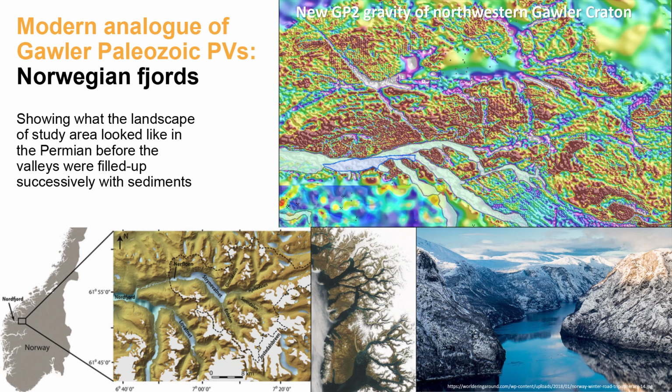This is one of the very good examples of the common feature, from Norway. You can see this glacial paleovalley. Compared to our place, it's a very good example to show how this works.